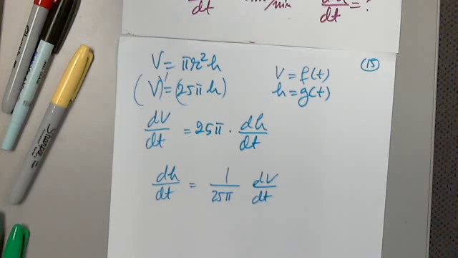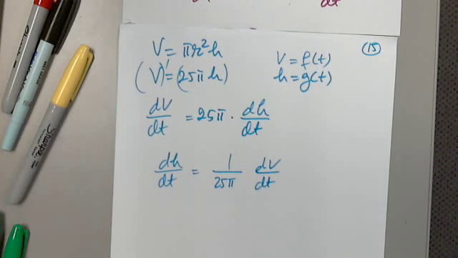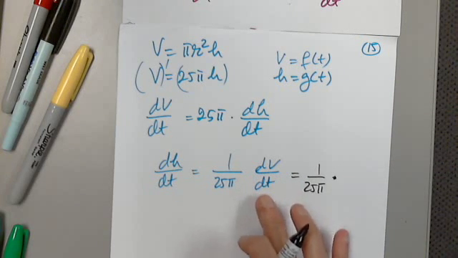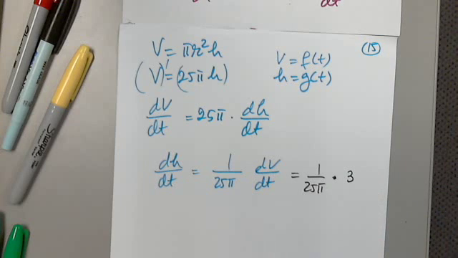This was a linear equation, that's why they didn't say when such and such. So it doesn't matter. This is a constant. So 1 over 25 pi multiplied by dV over dt, which is 3. So that would always be the same. So 3 divided by 25 and further divided by pi.